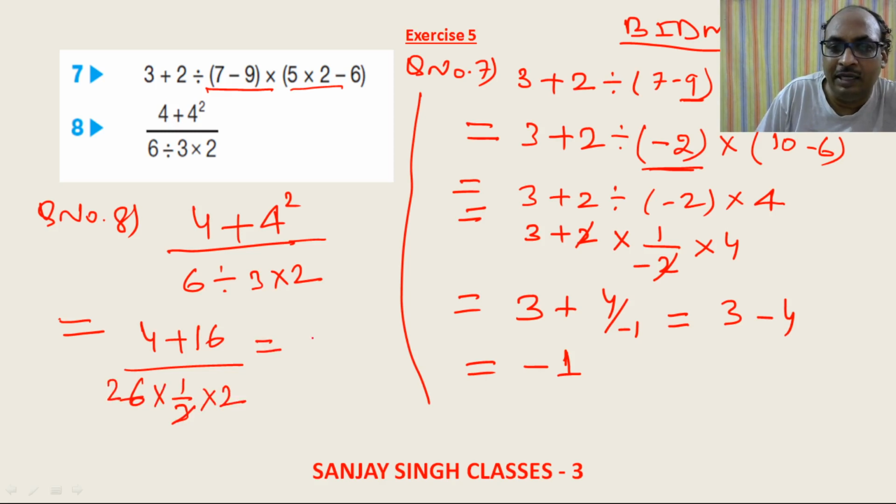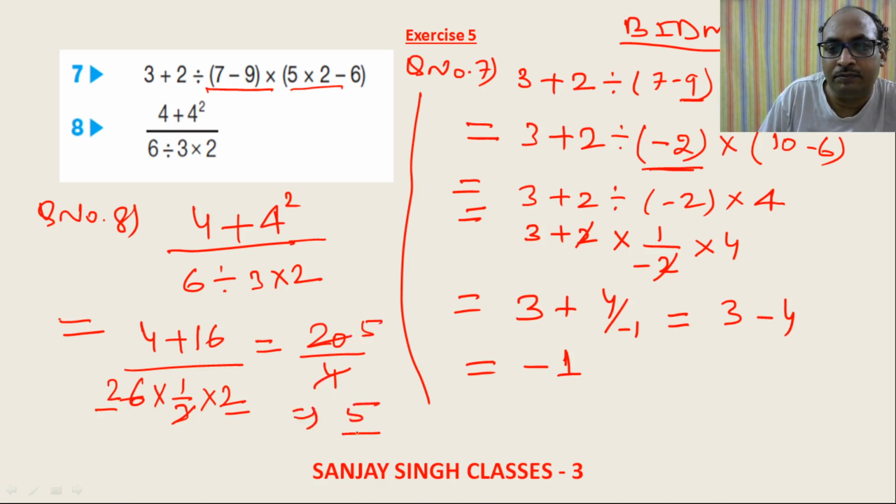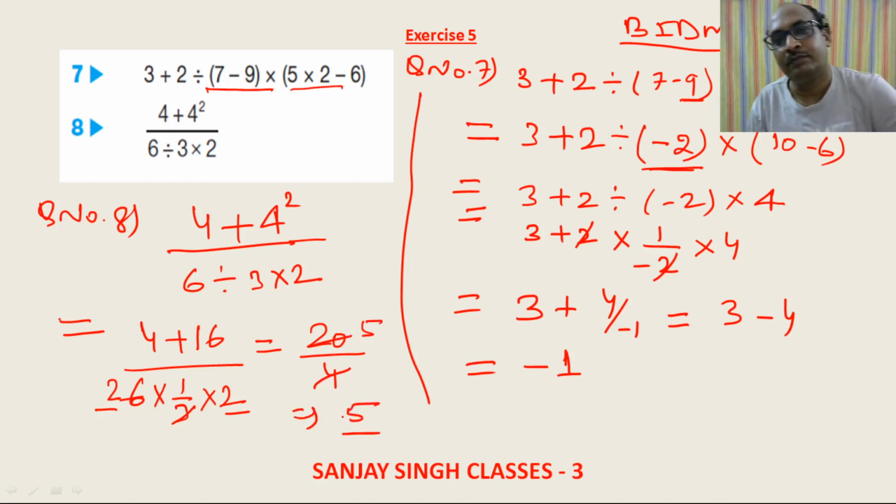So here in numerator part we have got 20 divided by, and here we have got 2 into 2. This 2 and this 2 is left. So 2 into 2 has become 4, and then we will cancel it with common terms, and then our answer will become 5. Okay. Right.